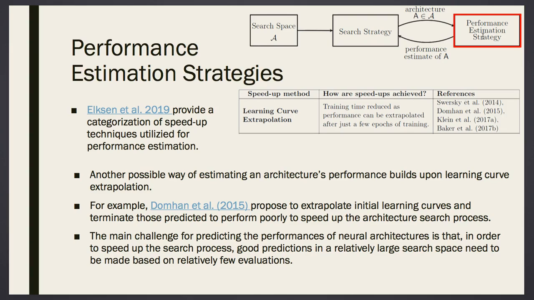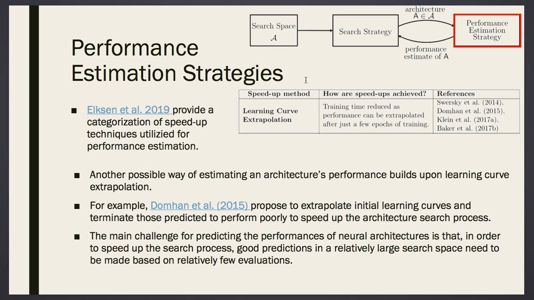Then we decide. This way, we don't spend so much time training all of the networks for thousands of epochs. 5 epochs is enough for this speed-up method. So this is a possible way of estimating an architecture's performance using learning curve extrapolation.